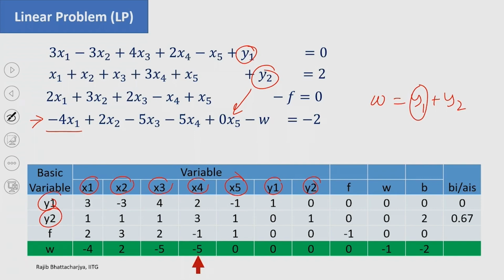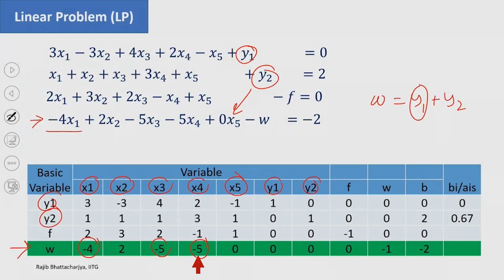So, now what you have to do? We are minimizing this w function. So, we have to look, is there any negative values? Yes, there are negative values. Here it is minus 4, minus 5, minus 5, but what you have to consider? We have to consider the minimum one. So, minimum one is here minus 5 and minus 5.